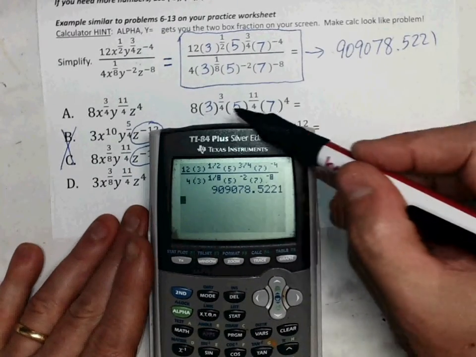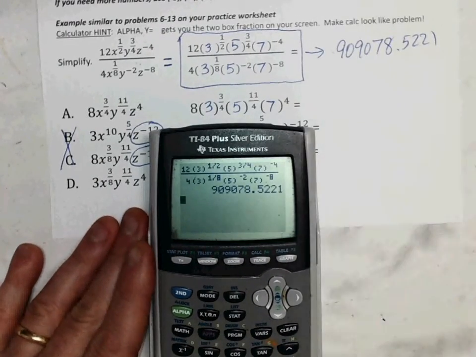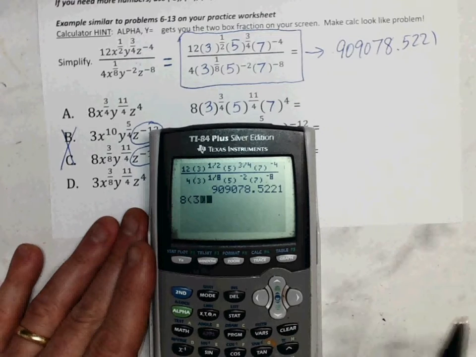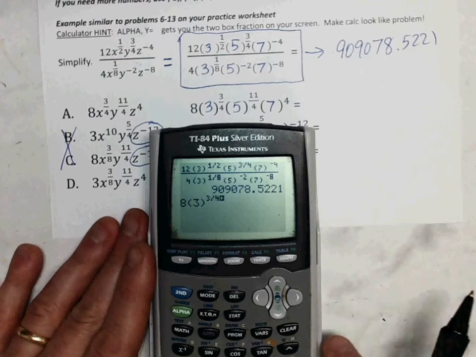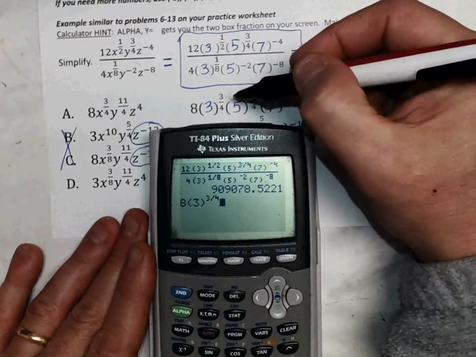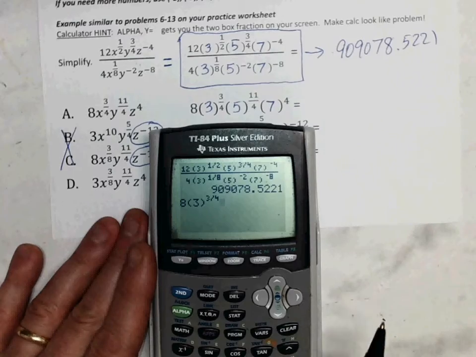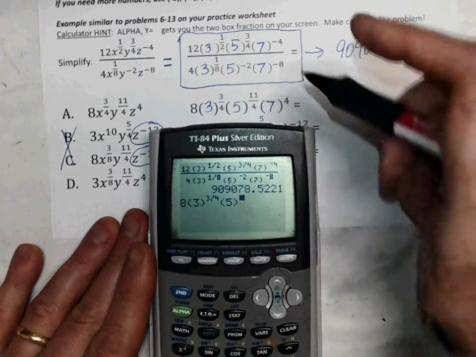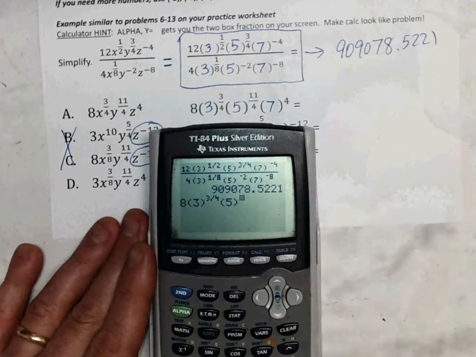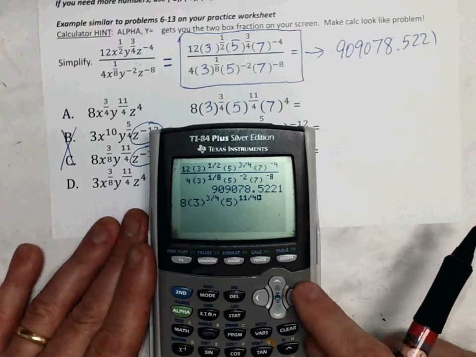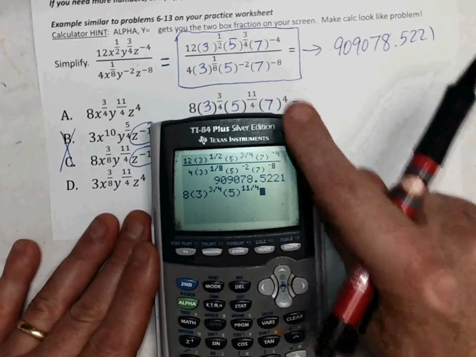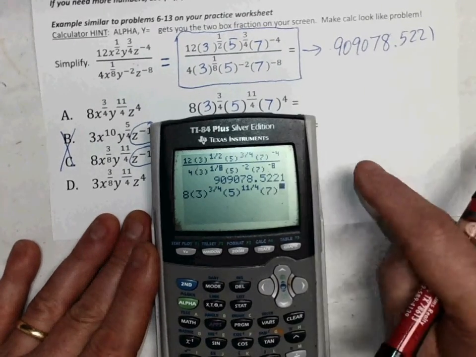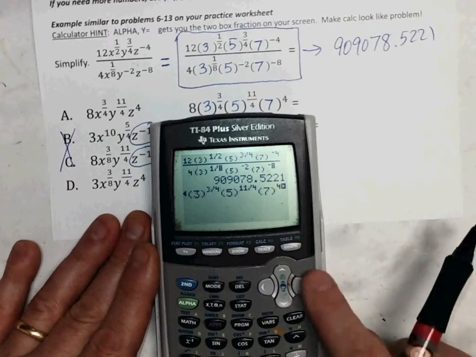So I'm going to type this in right here as I see it, 8, parentheses 3, raised to the 3/4 power, tab out, parentheses 5, raised to the 11/4 power, 11 divided by 4. Don't worry about it, let the calculator do it. Tab out of it, I'm finished with that exponent. Parentheses 7, raised to the 4th power, tab out.